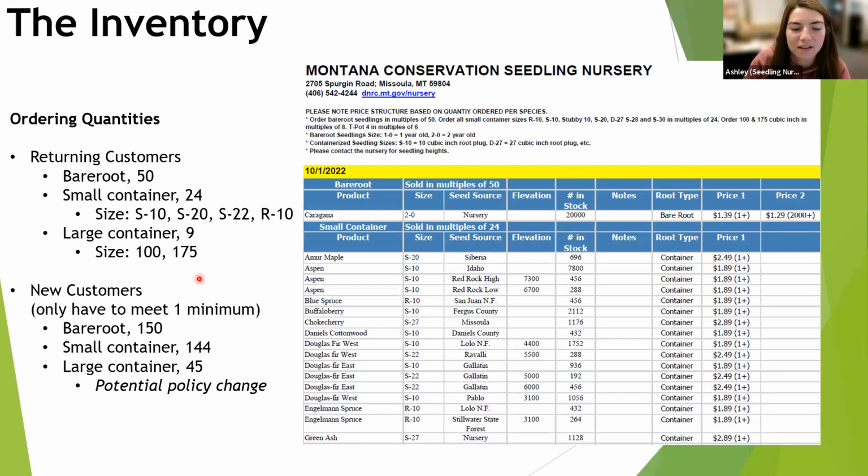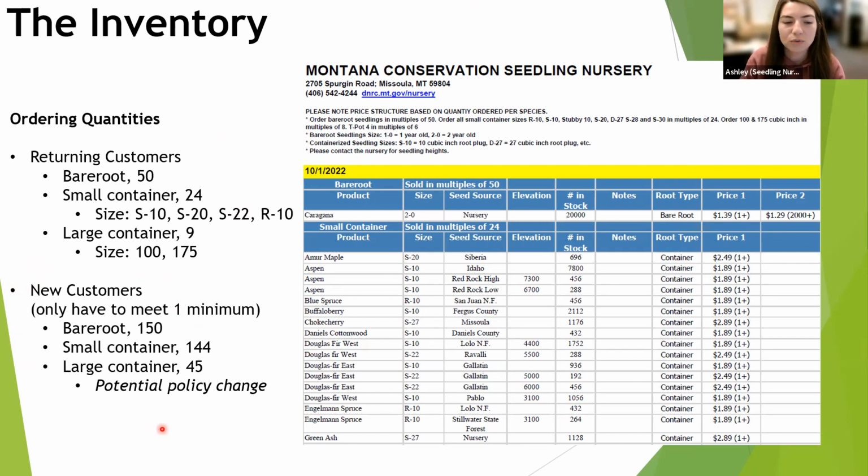Another factor that is going to change is the new customer order minimum. It's a potential change. It has not been approved yet. Right now, new customers have to meet one of these minimums. You either have to order 150 bare root, 144 small containers, or 45 large containers.